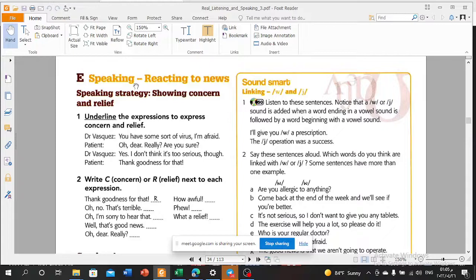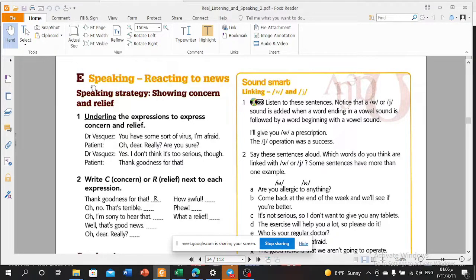And finally, we also have on page 33 a speaking strategy in which you could show your concern and relief. So when someone is telling you that he has a certain problem or health issue, you can use certain expressions to show your sympathy or your concern, and in the same way you can sometimes express your relief when someone tells you that he got rid of a certain problem he had earlier.